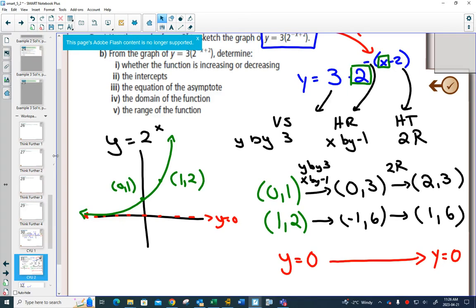Another thing I want to point out, because you are going to be tempted by this. I find putting the green boxes around the 2 does 2 things. One, it reminds you that 2 to the x is the graph, which we talked about already. Two, it reminds you about order of operations, because you are going to be tempted. You are going to see 3 times 2, and your brain is going to be like, I'm so good at math, 3 times 2 is 6.